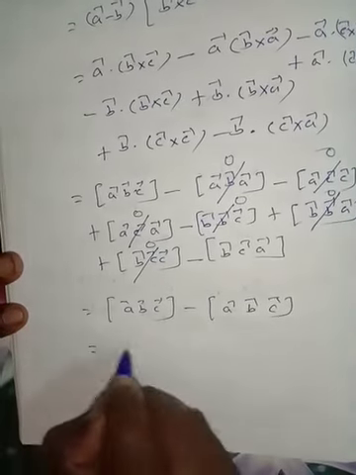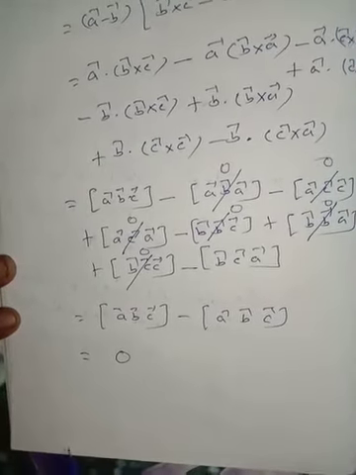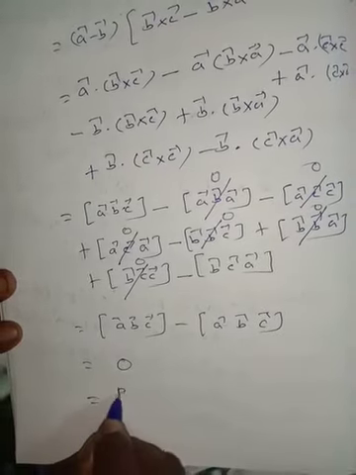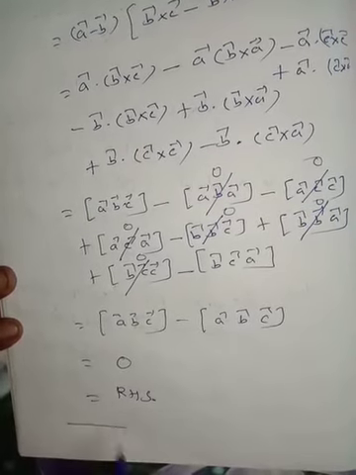Subtraction is an operation, therefore 0. Hence the result is equal to RHS. Hence proved. Sum number 5.